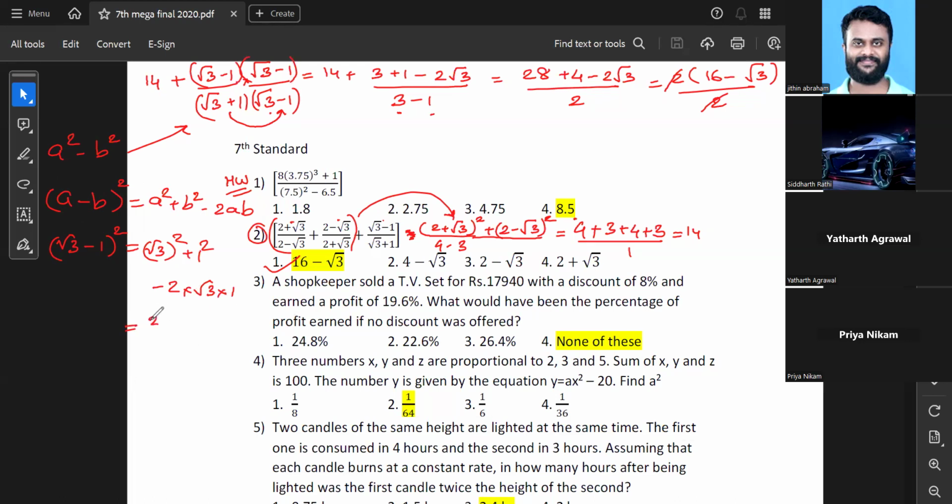So √3 square is 3, plus 1 square is 1, minus 2 into √3 into 1 becomes 2 √3. Do you understand this? Yes, sir. I've put this over here in the numerator. Basically, √3 minus 1 the whole square is 3 plus 1 minus 2 √3. The numerator is clear now?